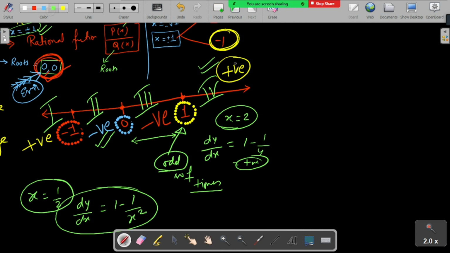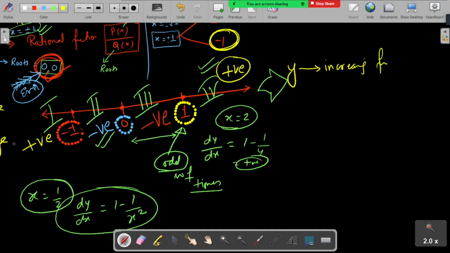Now, just seeing this sign scheme, you can tell me easily when your f(x), that is y, is going to be an increasing function. So y will be an increasing function where dy by dx is positive.